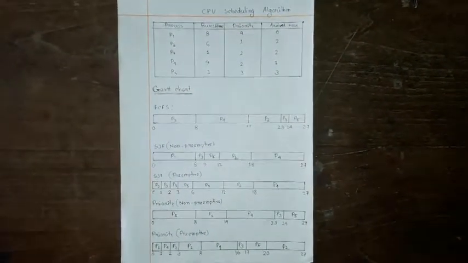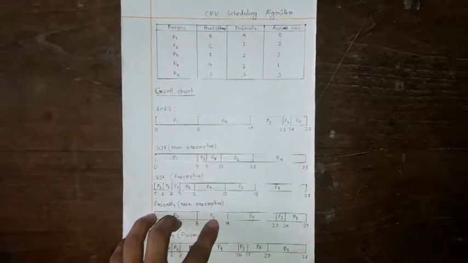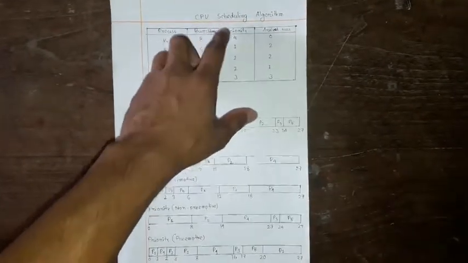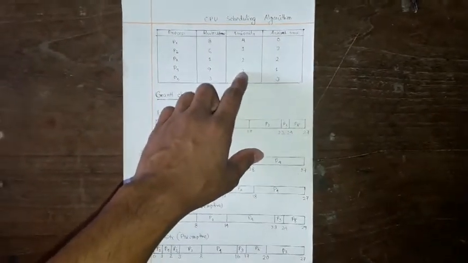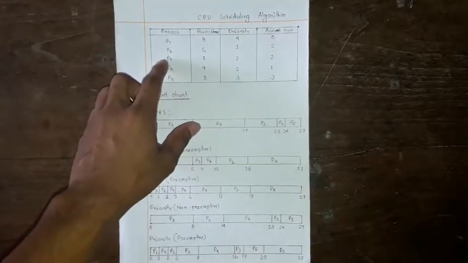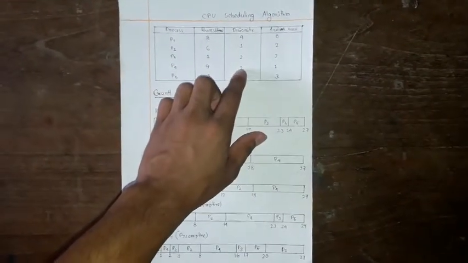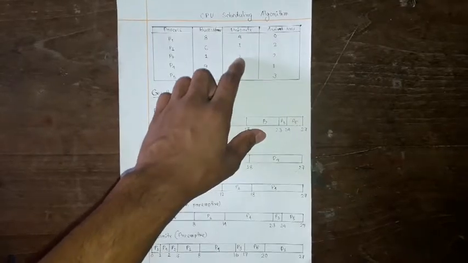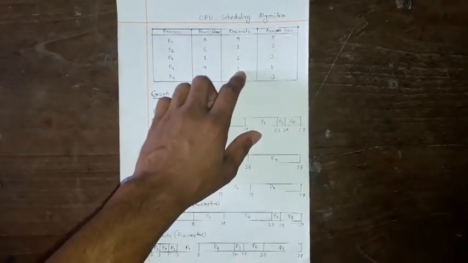After process P2 has been served, we see that process P4 has the lowest priority. Oh, I made a mistake. You see that processes P3 and P4 have equal priority. In the priority scheduling algorithm, if two processes have equal priority, they will be served in FCFS, first come first served, order.